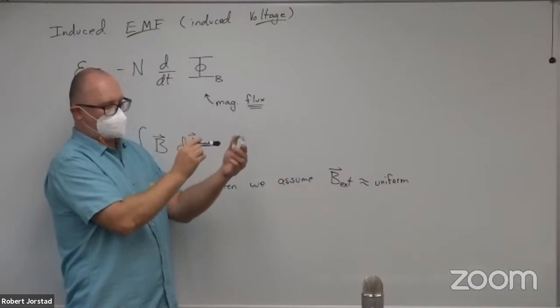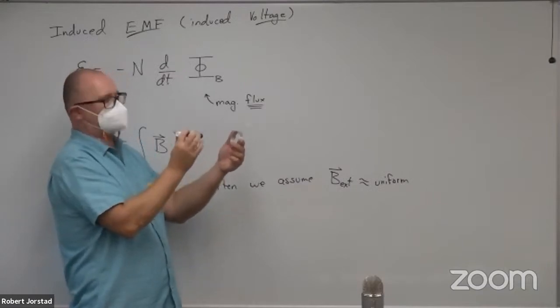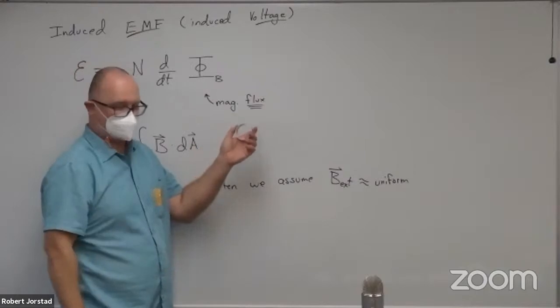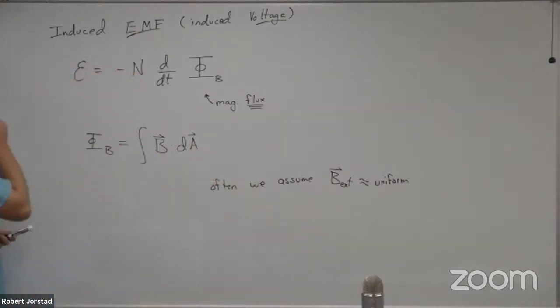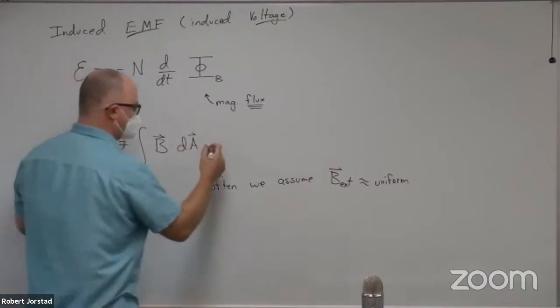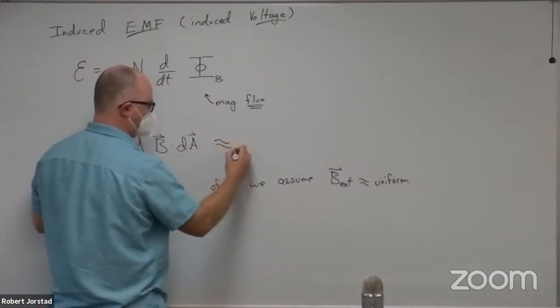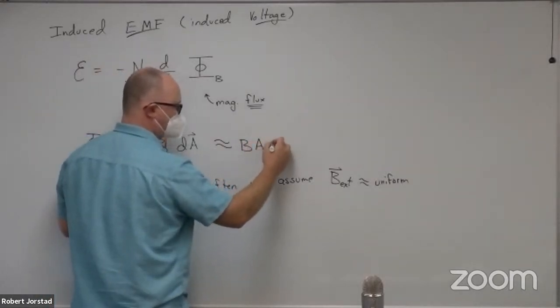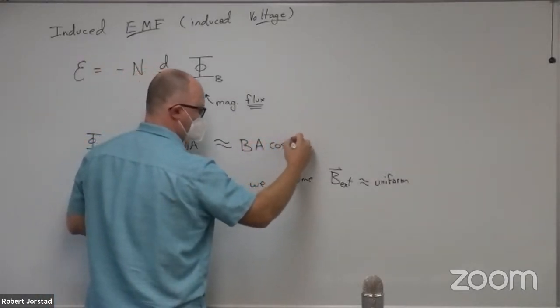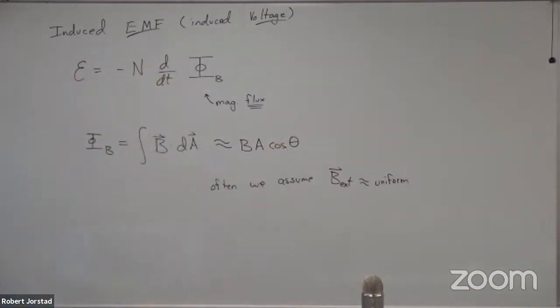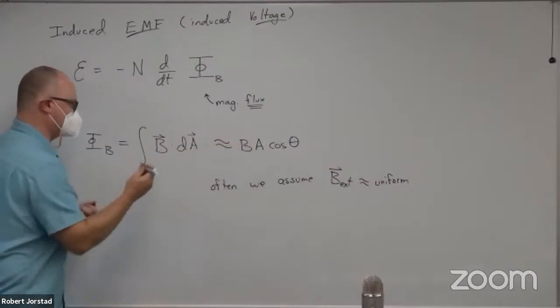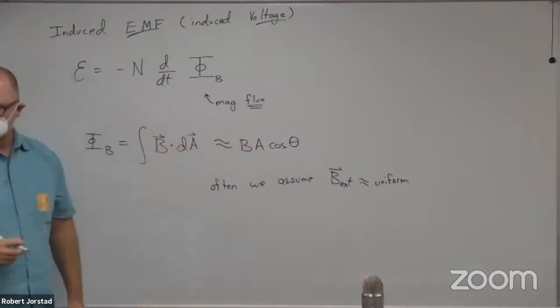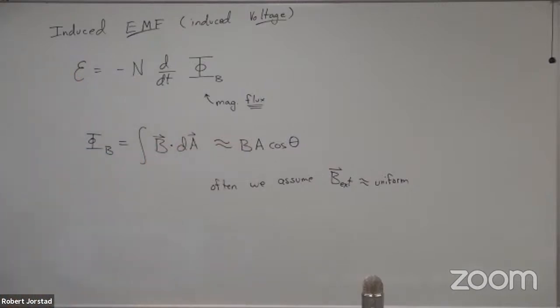Well, it might not be perfectly uniform, but it's probably approximately uniform over this size scale. So we're going to make that assumption a lot. It's not true at all, but it's approximately true. So we might say this is approximately equal to B times area times the cosine of the angle in between, right? Everybody okay with that? Dot product might give rise to this. So far, so good?